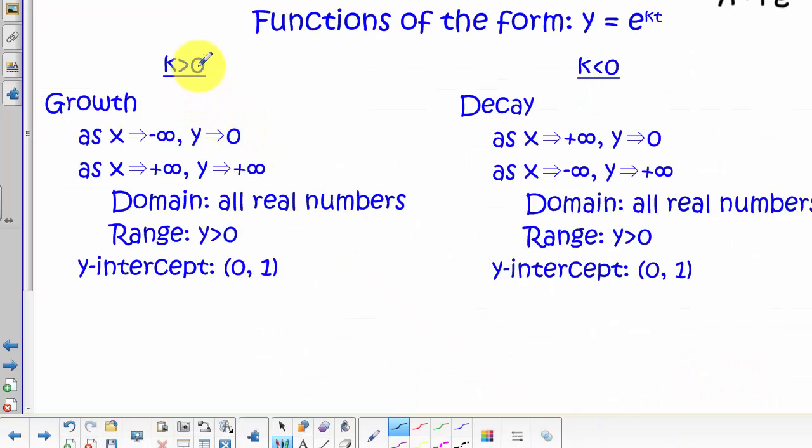So again here, when k is positive, it's exponential growth, meaning our horizontal asymptote is on the left side. Our domain is all real numbers, the range is positive, and we have our y-intercept. When k is negative, we have exponential decay. So let's look at a couple examples.